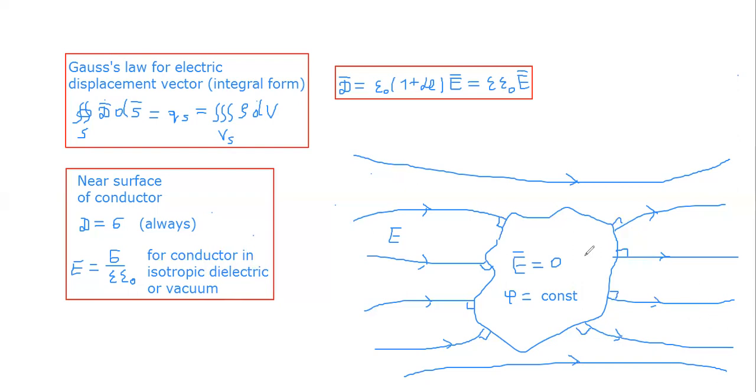And in an external electric field, charge on the surface of the conductor will be redistributed, and this redistribution of surface charge is known as electric induction.